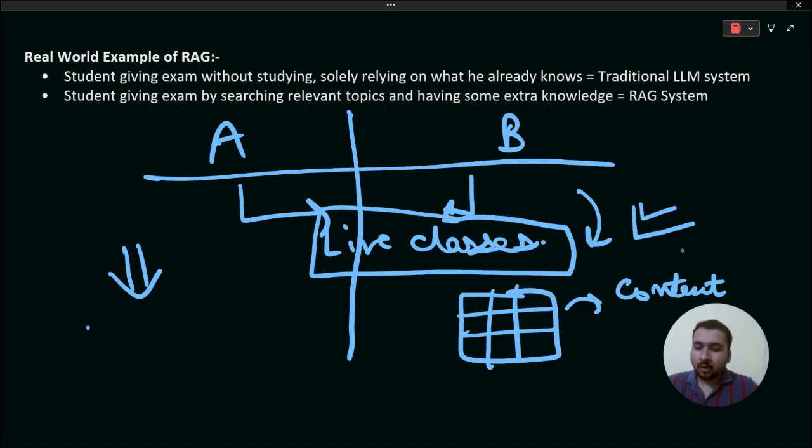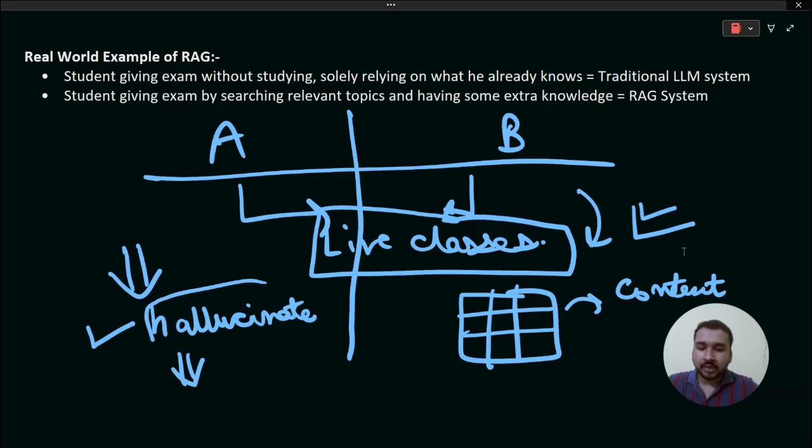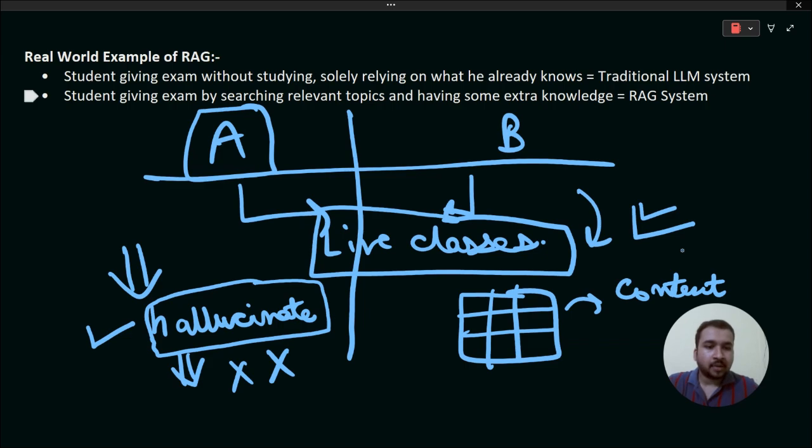A also tried to answer the questions, but without knowledge about those concepts, he starts hallucinating, which is a very common problem in traditional LLM systems. He also provides answers, but he hallucinates because he doesn't know the answer and tries to guess, so it might be wrong sometimes. So in our case, A is working as a traditional LLM system, but B is our modern RAG system.